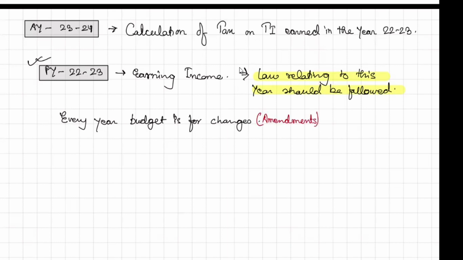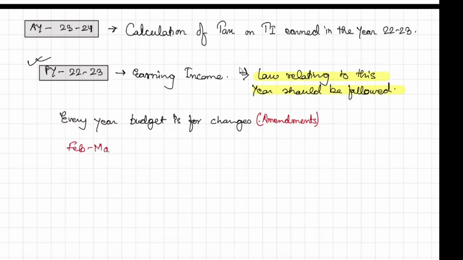Amendment means time to time changes that are required for the law, because this law has been in circulation since the year 1961. Yes, the world has changed a lot since that time, so with time we also need to change a bit. Correct. So every year budget is for the change.